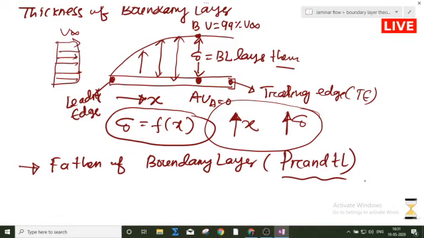After a certain period of time, the flow gradually changes from laminar to turbulent.